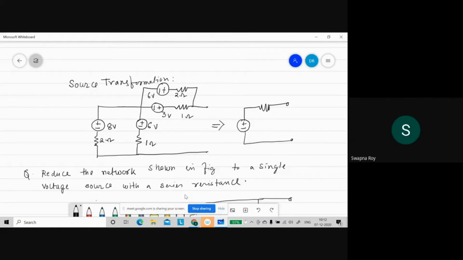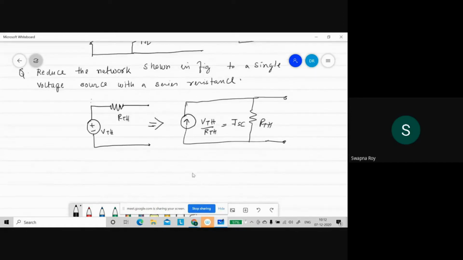So we have to find out this voltage source and this resistance. So how to do it? As I told you, a voltage source and a series resistance can be transformed to an equivalent current source.